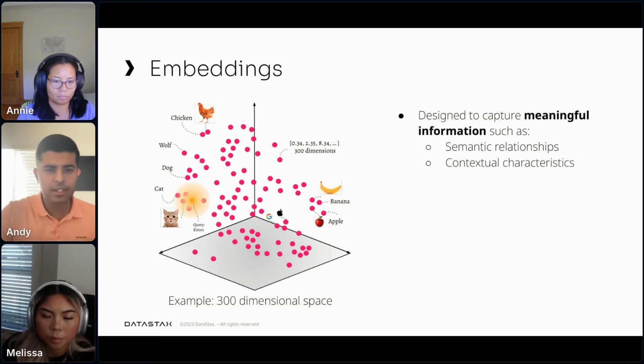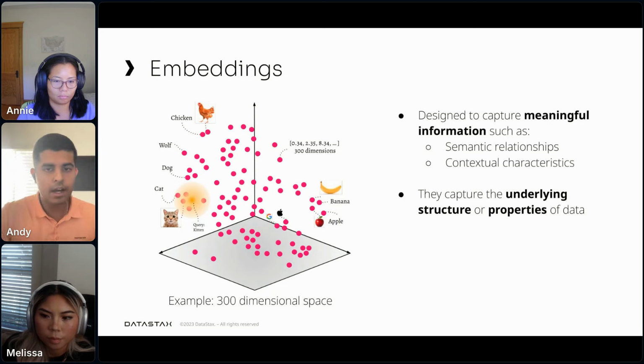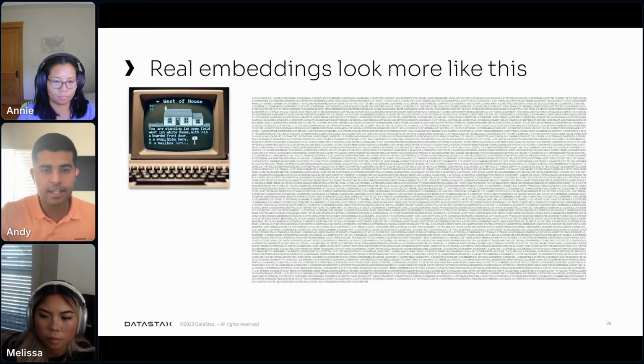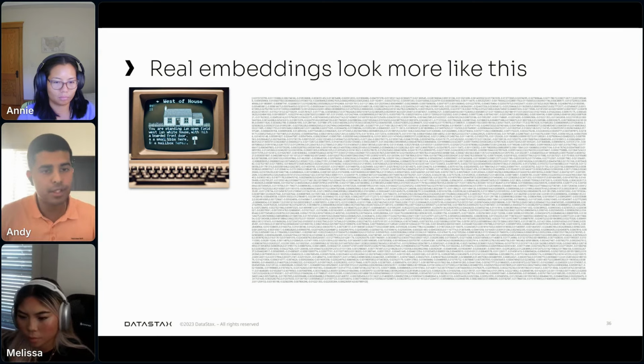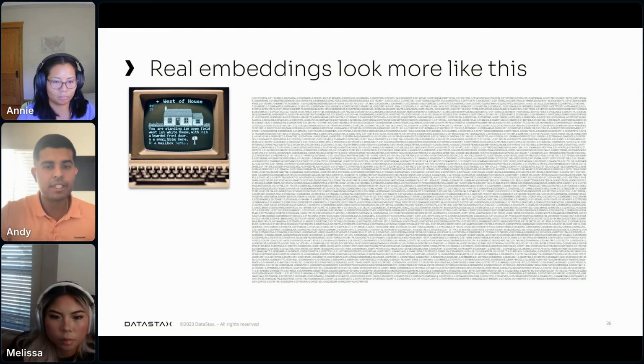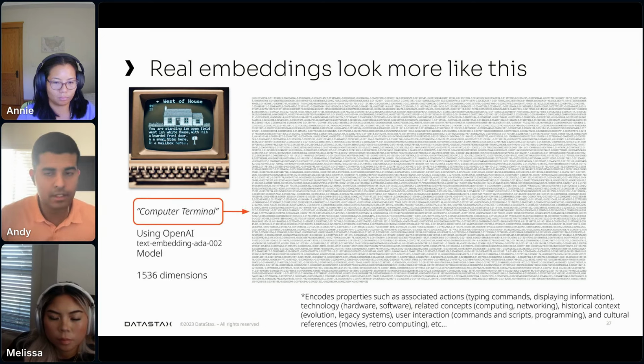So what does an actual embedding really look like? Well, an embedding is far more intense than these examples that we're showing you. This is an example of a real life vector embedding of a computer terminal. What we see here is not just 2 dimensions, or 2D, but in fact 1536 dimensions.